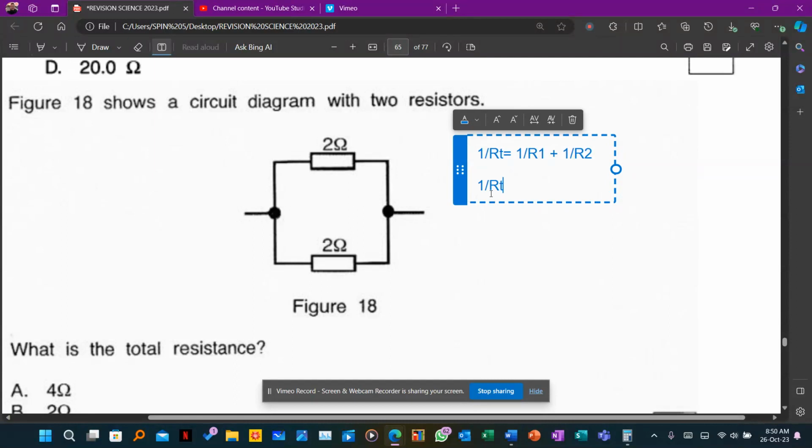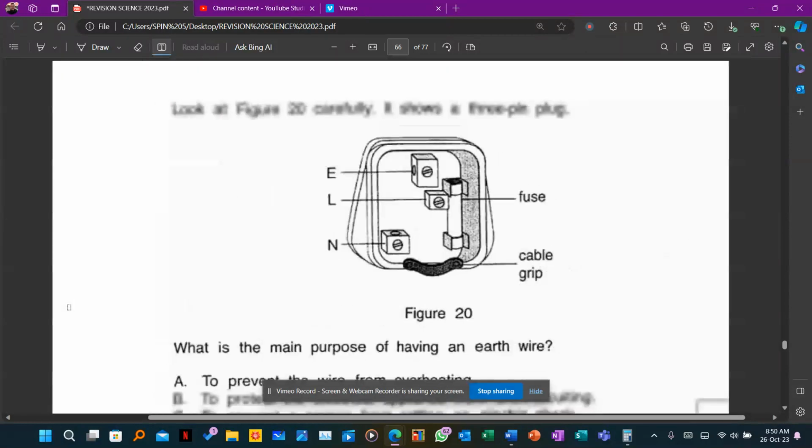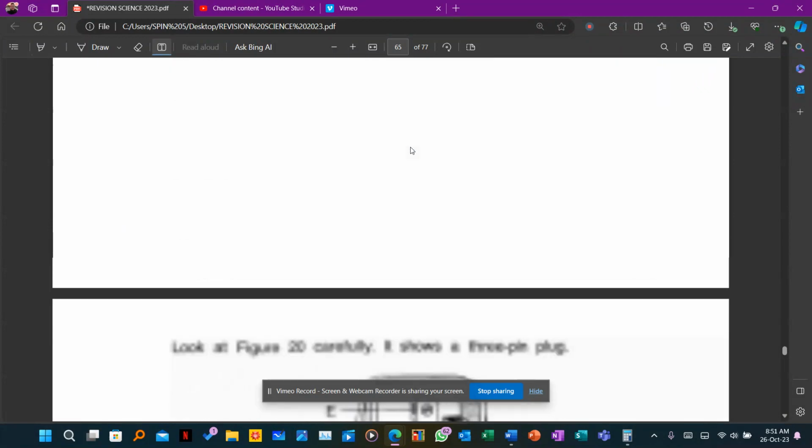So in this case, this is 1 over 2 plus 1 over 2. That one is easy: half plus half is equal to 1. Therefore, the answer is just 1. But if the numbers are more challenging than this one, it will be difficult.